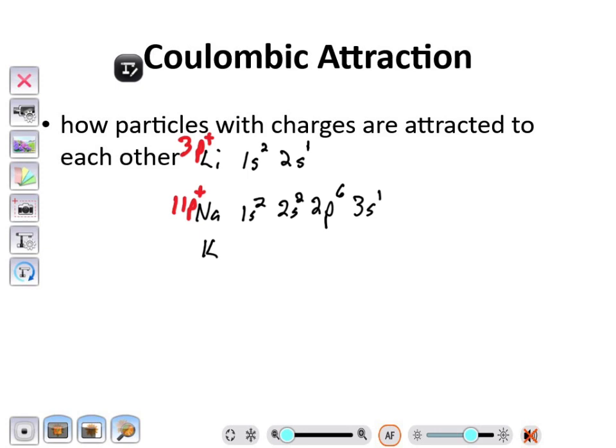Thank you guys for knowing what was off. Then potassium has how many protons? 19. So I need 19 protons, and then that means 19 electrons. So 1s2, 2s2, 2p6, 3s2, 3p6, 4s1. Questions about any of those?